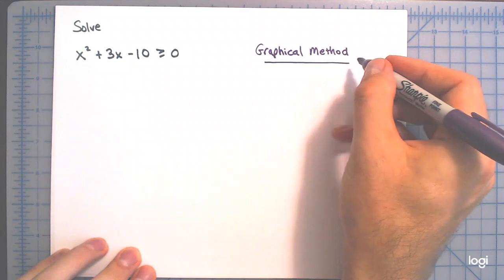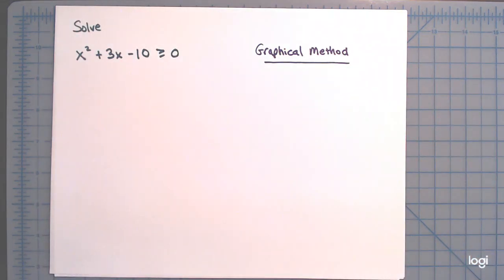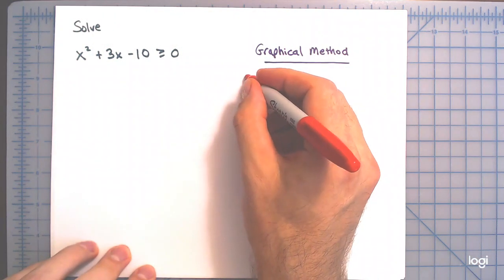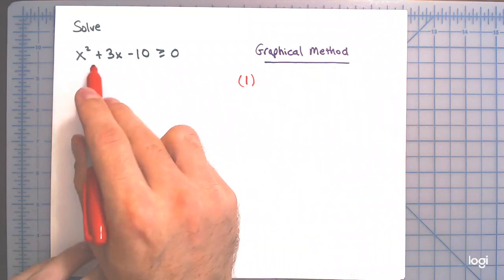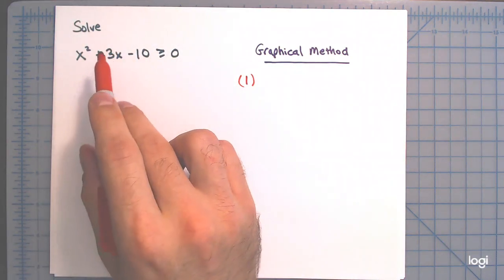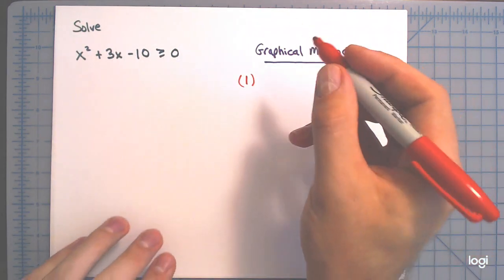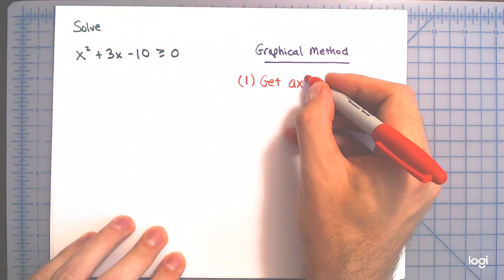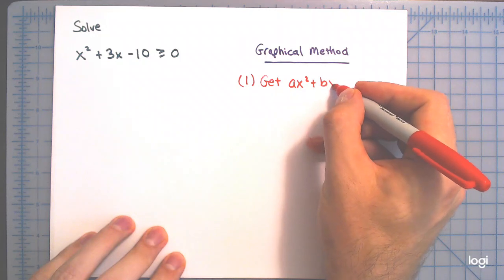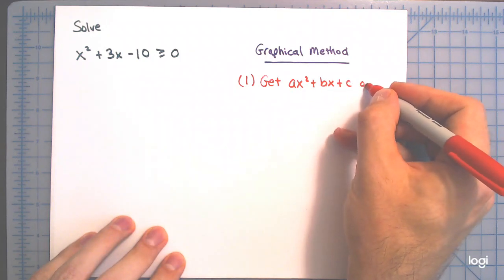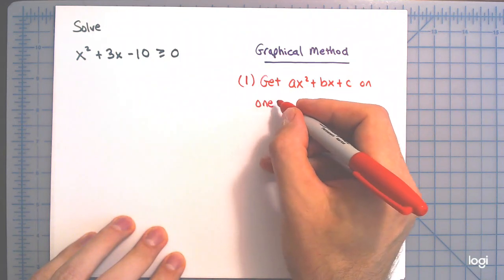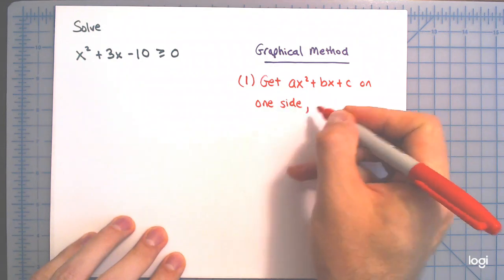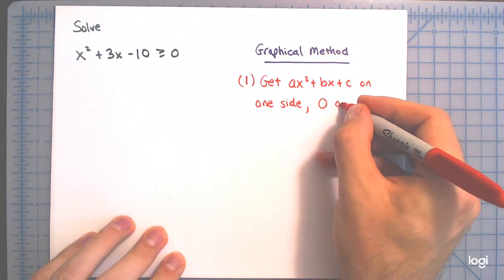All right, so the graphical method. The first step would be the same. I have it already done here. You take everything to one side, 0 on the other. So get your quadratic polynomial, ax squared plus bx plus c, on one side, and then 0 on the other side.